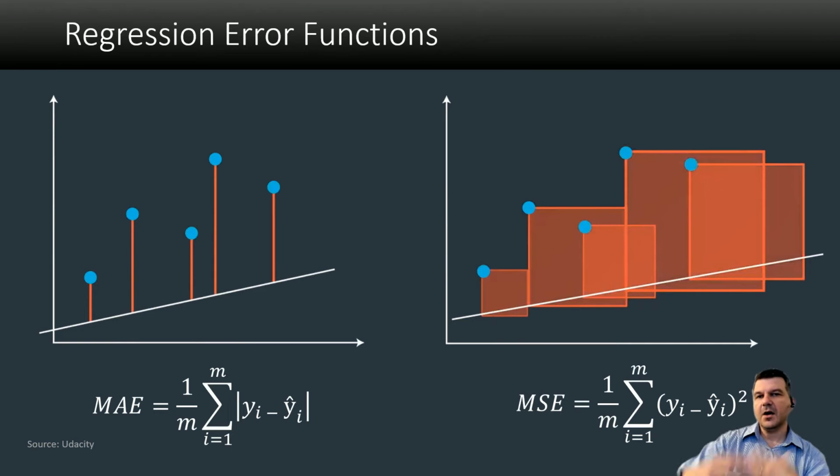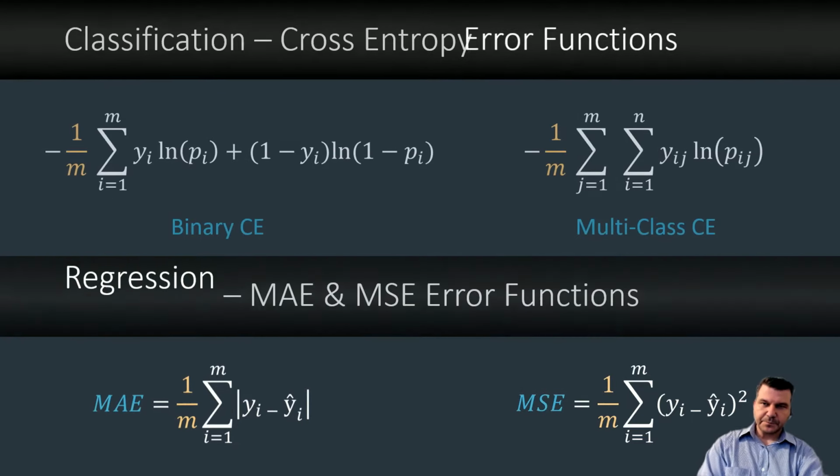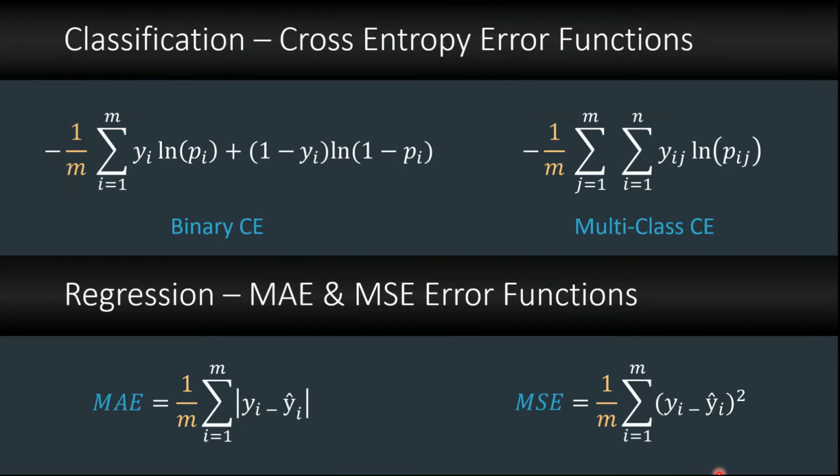So you see how the approach was entirely different between the cross entropy and the mean of absolute and square error functions. As we can see here, for classification, for binary and multi-class, we have the cross entropy, which we discussed that when n is 2, actually these two functions are the same.